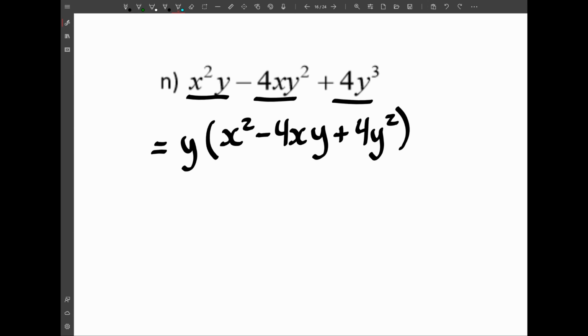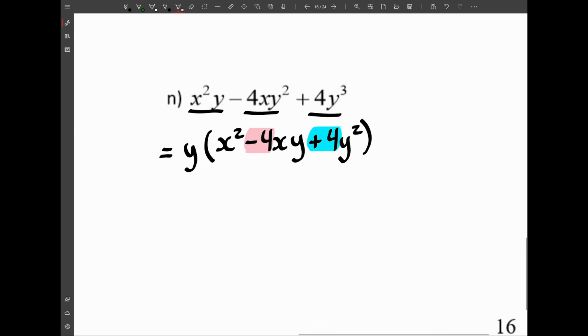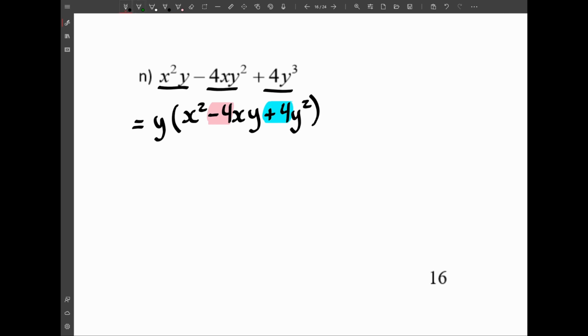That is going to be our c value. We can just kind of ignore the variable there. And that is going to be our b value. If we have this nice symmetrical one where it's variable squared minus a constant times variable times that other variable plus number times the other variable squared, and it looks nice and symmetrical like this, no change to our process at all.